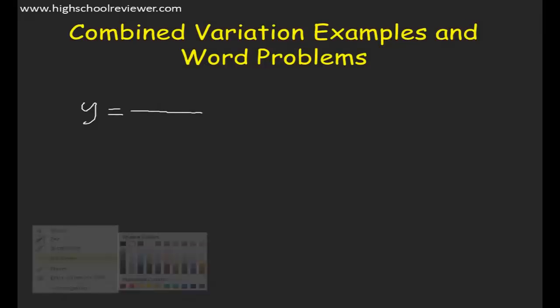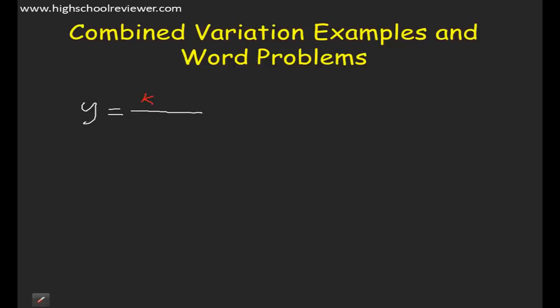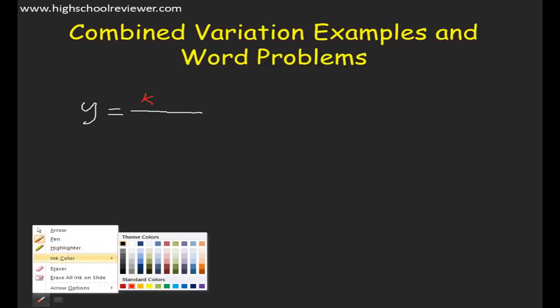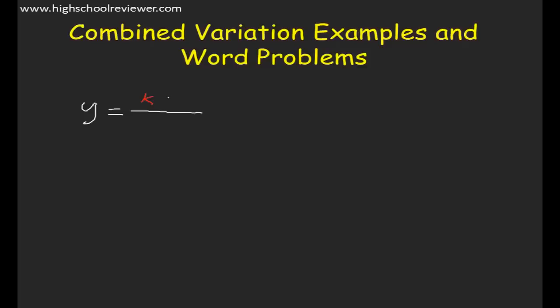On our first example, y is equal to, the first variable would always be the constant of variation, or k. So k will be multiplied by the variable x divided by the variable z. This is our first example.